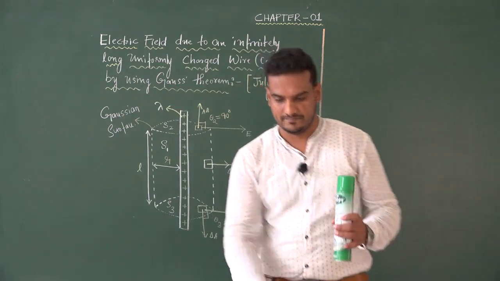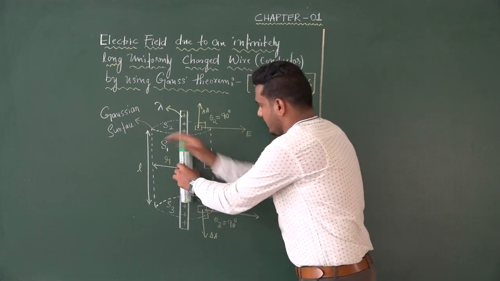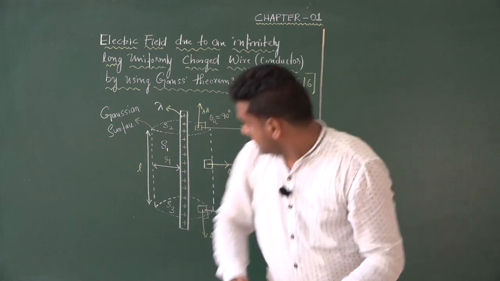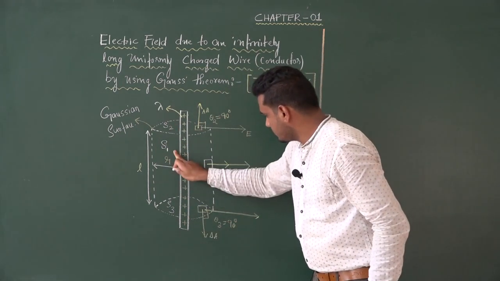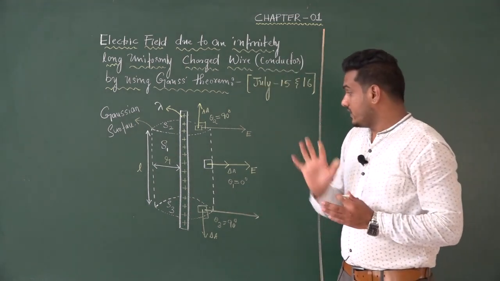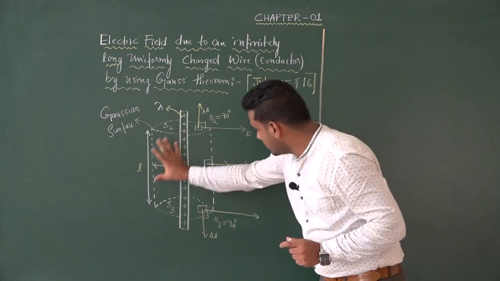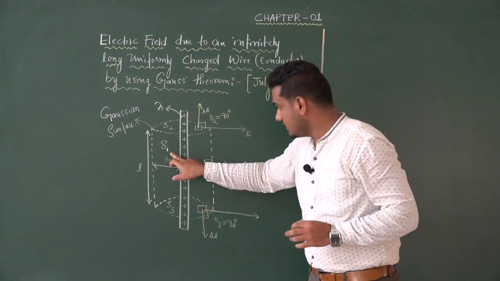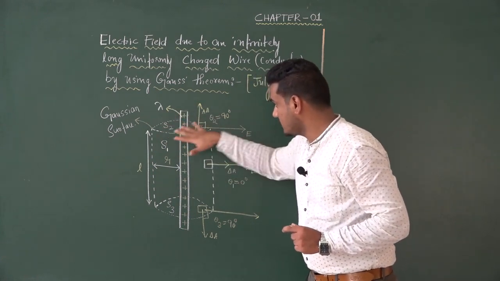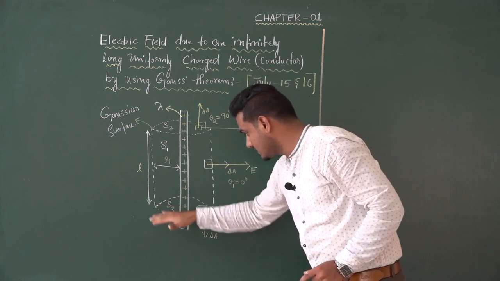Look at the diagram like this, S2 and S3, and S1 is the curved surface. Okay. So look at this, S1, S2 and S3. So now we are calculating electric flux through the curved surface S1, then electric flux through S2, that is a flat circular surface, then electric flux through S3, that is a flat circular surface.